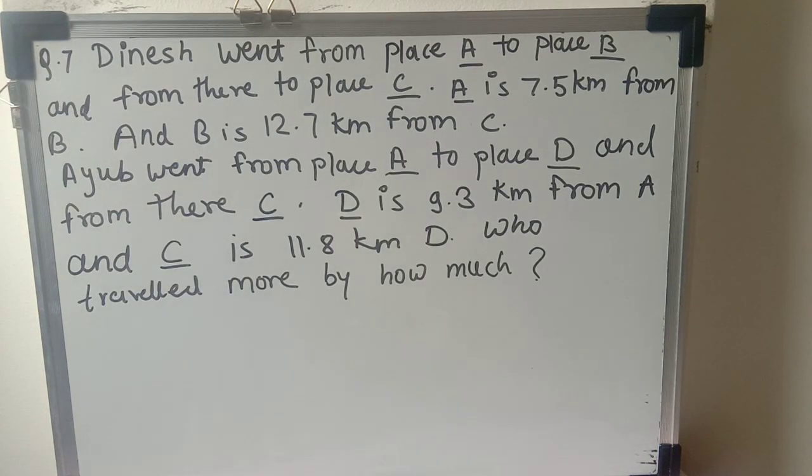Now question number 7, student, this is a word problem but this question is very easy. You just see here the example is very big but the method to solve this example is very easy. You just need to understand this example.